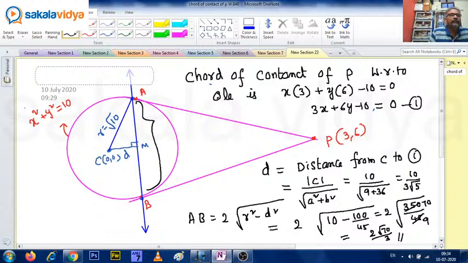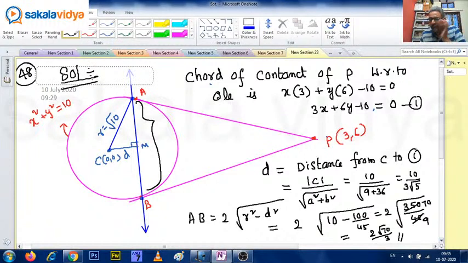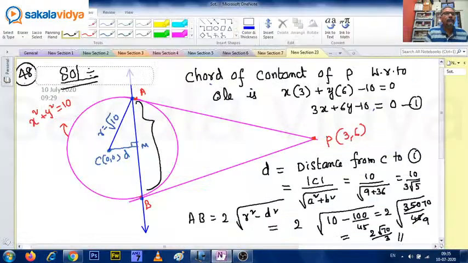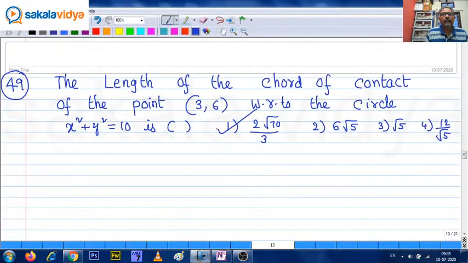The previous one was 48, with its solution. So that means this is 49. Question number is 49. Option 1 is the right option.